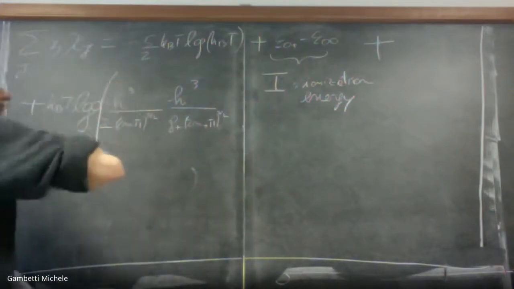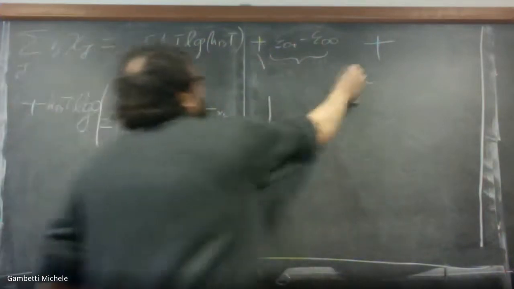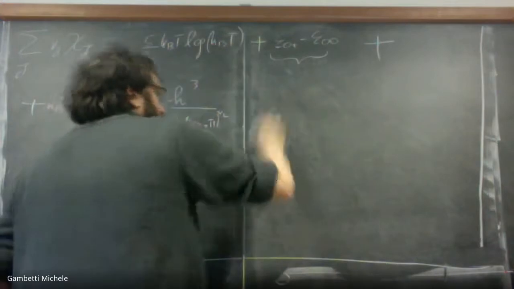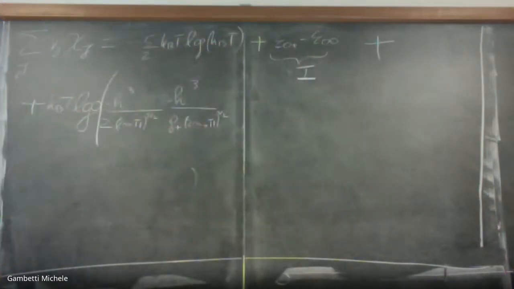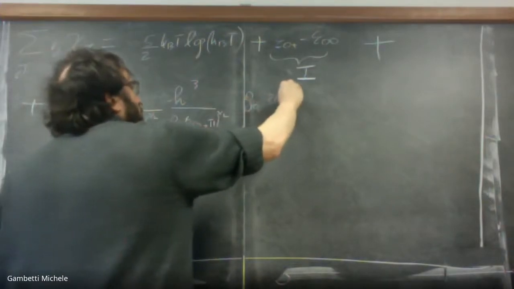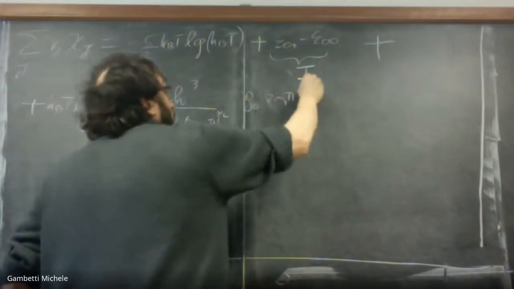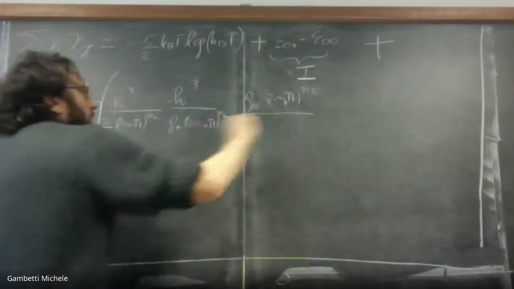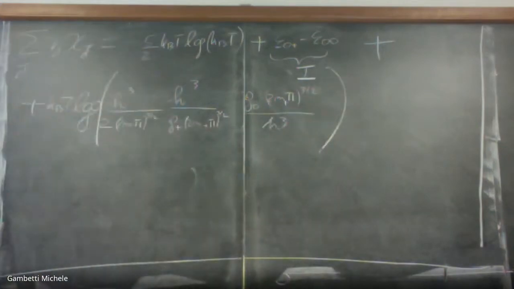Let me move a little bit this ionization energy, I. Then I have G0, 2m0 pi to the power of 3/2 divided by h cubed, and I can close this.